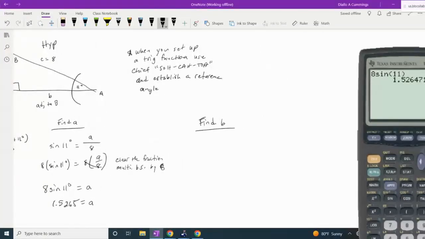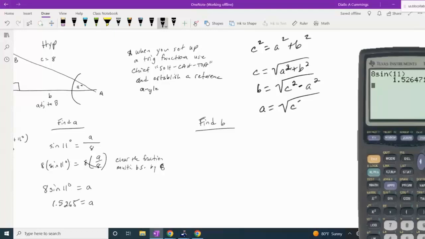So here are all of the different variations. C squared is equal to A squared plus B squared. So we have C is equal to the square root of A squared plus B squared. B is equal to the square root of C squared minus A squared.